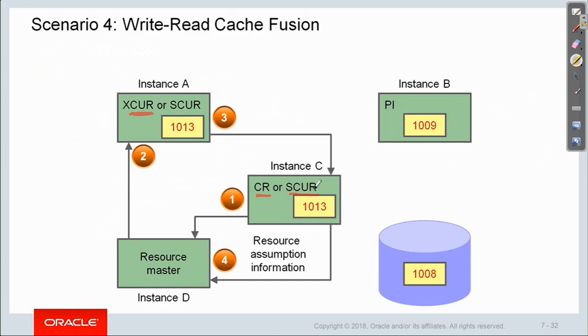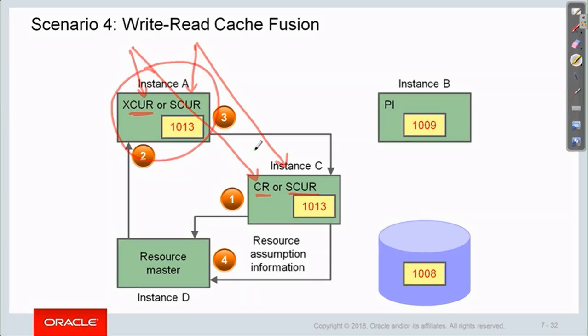Now, there are two possible cases. From instance A, if a transaction has been committed, then this will be shared current, and the shared current block will be copied. However, if this block has never been committed, then to support read consistency, a consistent read block must be created and copied over to instance C, which means that based on whether the transaction has been committed in instance A or not, a different buffer state is transferred.